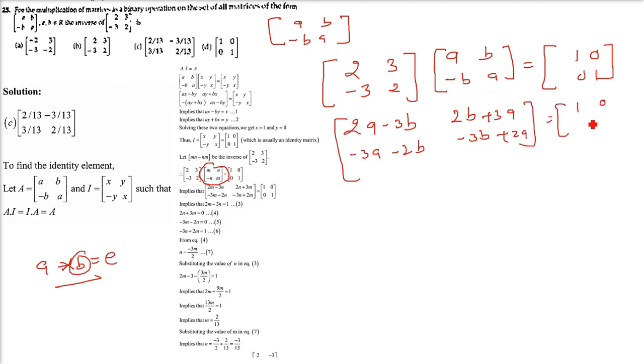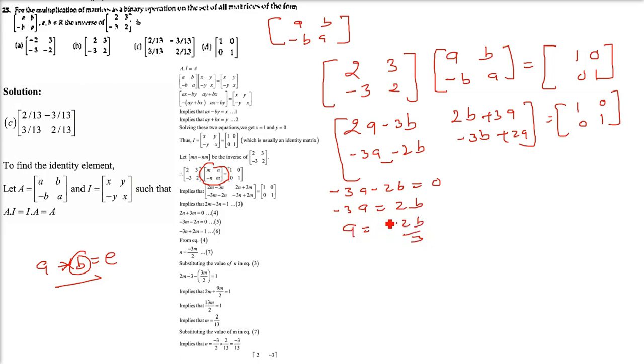Now we can equate each element with the corresponding element on the right hand side. First use any equation which is equal to 0, and whatever you get, put it in the equation where you get equals 1. So negative 3A minus 2B equals 0. From here, either find A or B. I am finding A here, so it will be minus 2B by 3.